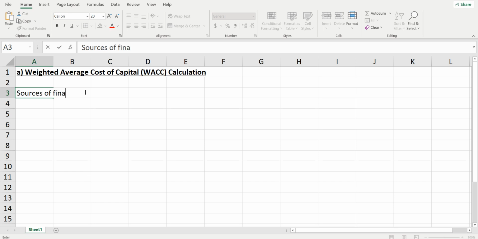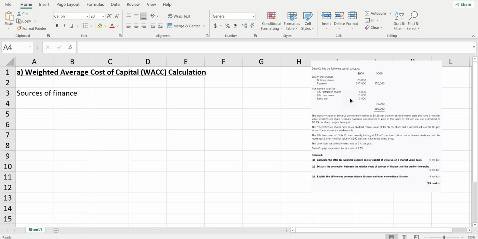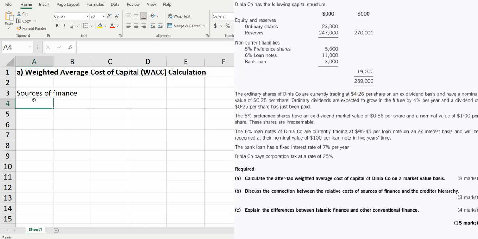Sources of finance: ordinary shares, 5% preference shares, 6% loan notes, and bank loan.